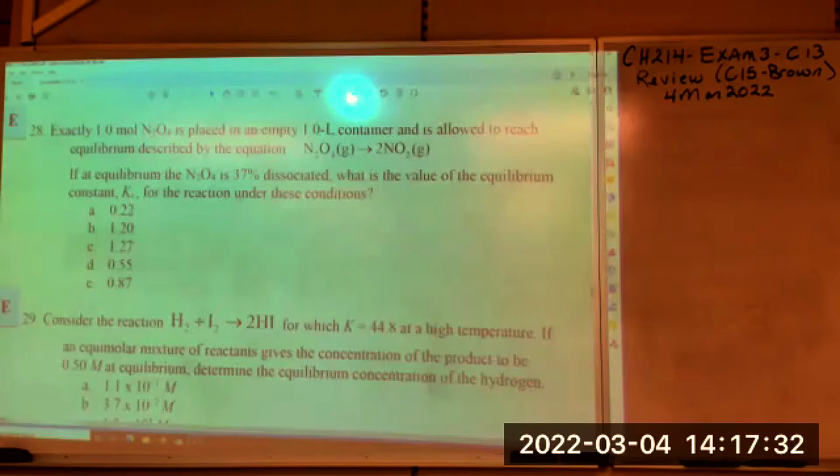Exactly 1 mole of N2O4 is placed in an empty 1-liter container. So that's 1 molar concentration. Allowed to react. It actually decomposes into 2 nitrogen dioxides. If at equilibrium N2O4 is 37% dissociated, what's the value of equilibrium constant Kc? Want to do that one?